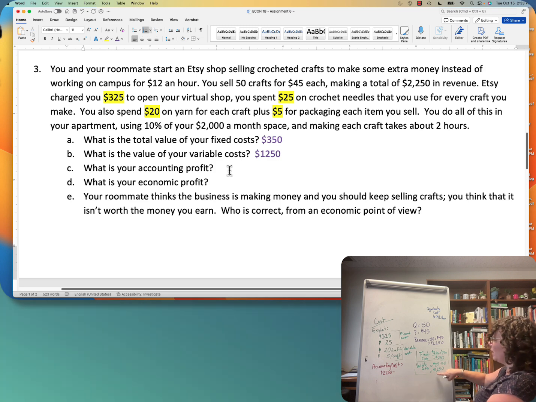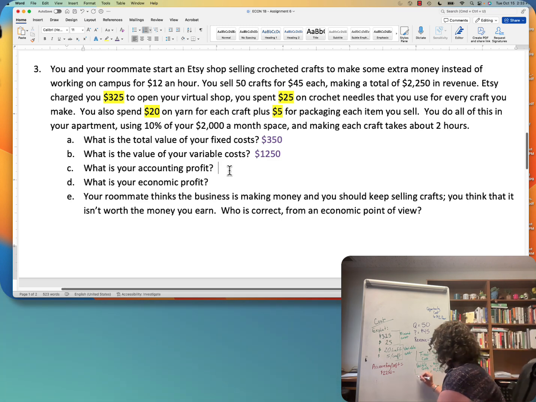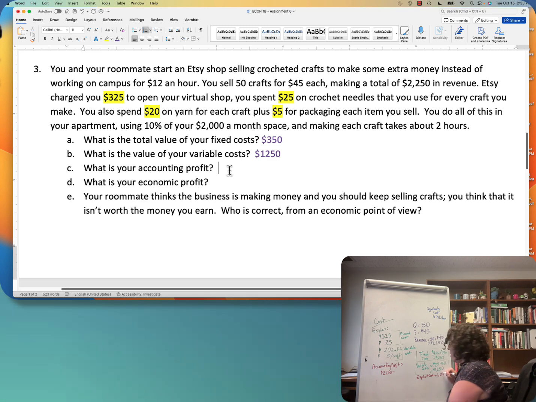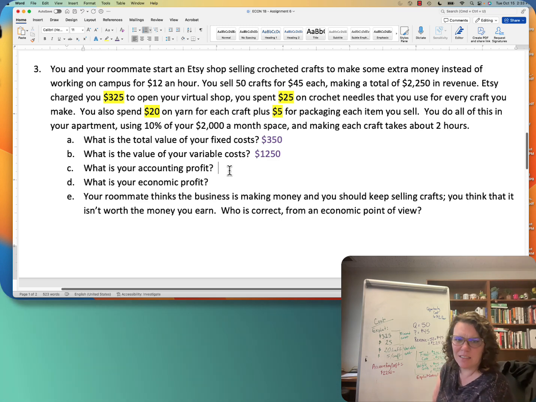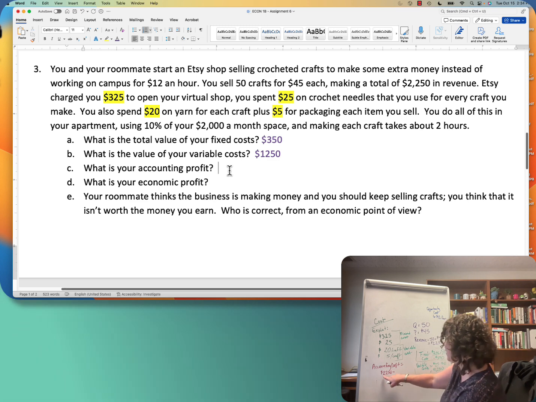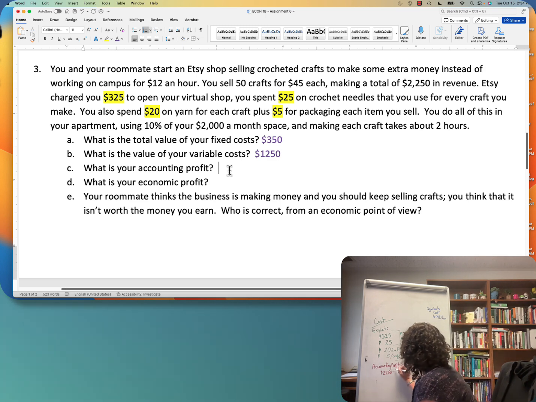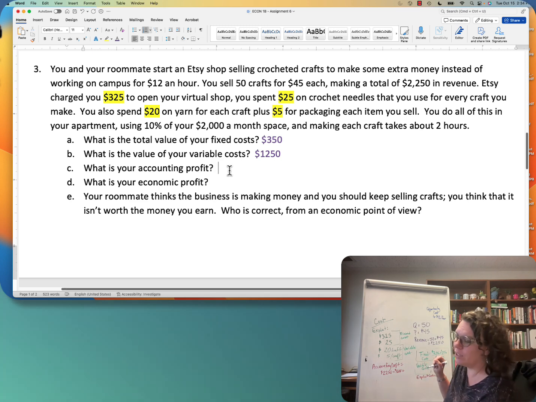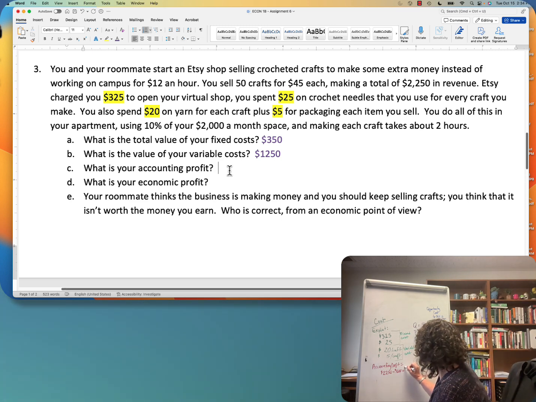So $1,250 plus $350, our explicit costs, are $1,600. Does that make sense? Fixed plus variable, anything I spent money on. So my accounting profit is going to be $2,250 minus $1,600, or a total accounting profit of $650.